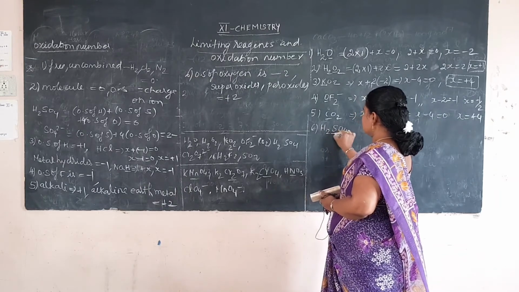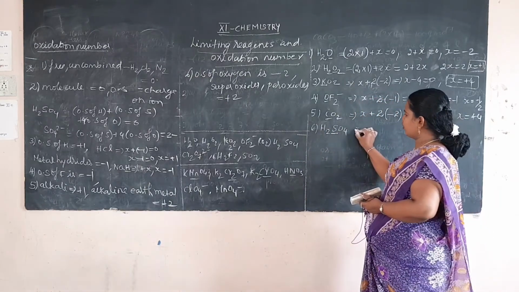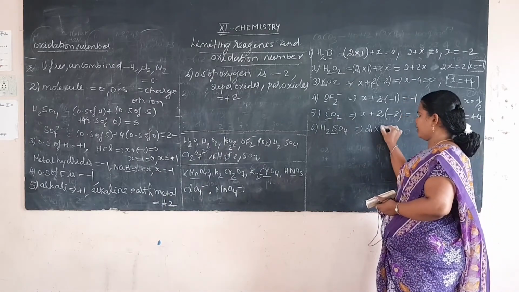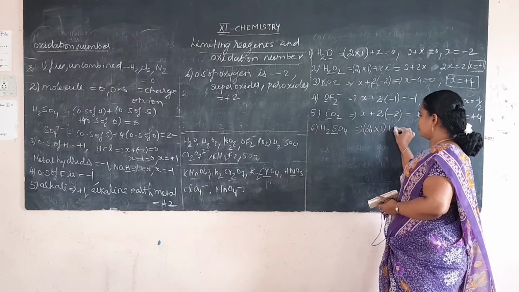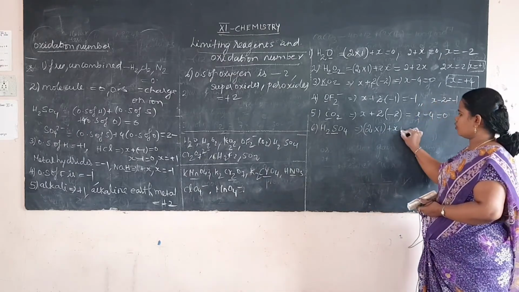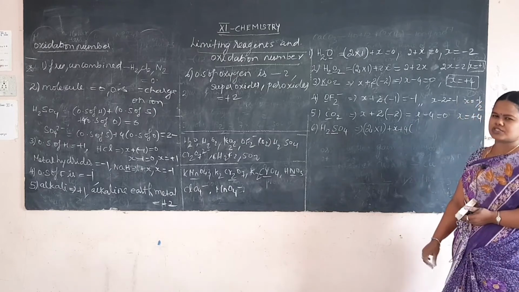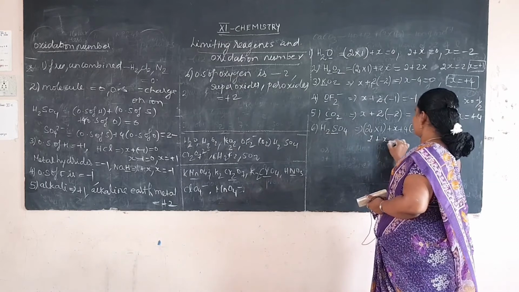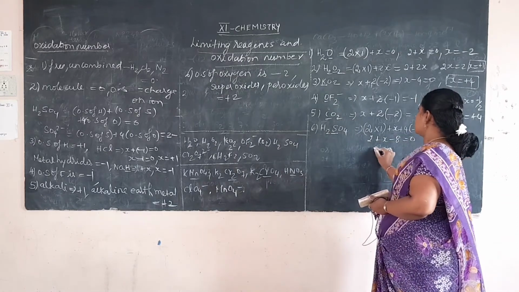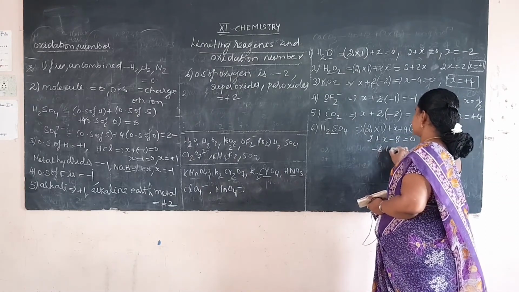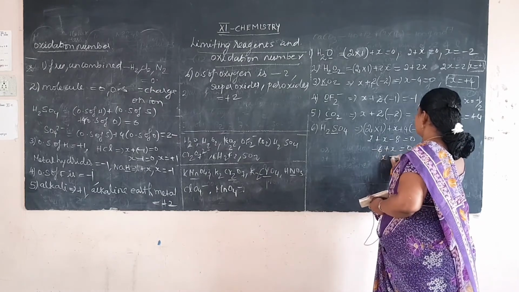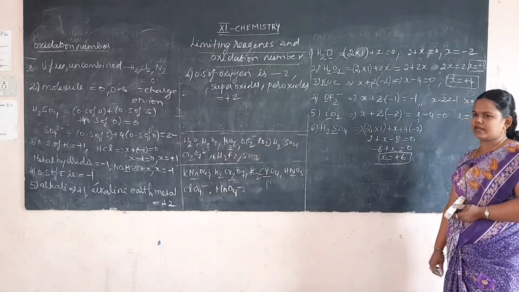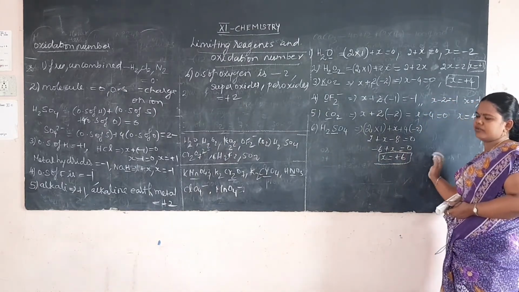There are two hydrogens so 2 into 1, plus x for sulfur, plus 4 oxygens, so 4 into -2. So 2 + x - 8 = 0, 2 - 8 is -6, so x - 6 = 0, so x = +6. Very easy to calculate. Once you learn the rules, calculating this is very, very easy.